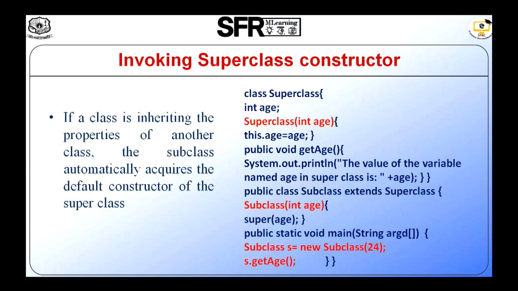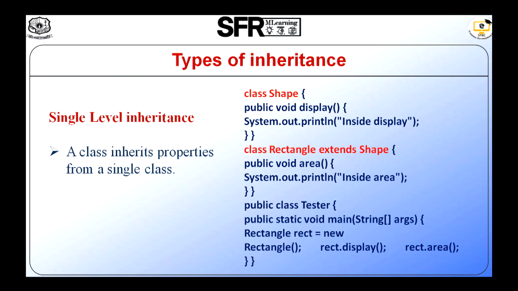So here we have the superclass constructor, and for the subclass also we have a subclass constructor. When we create an object for the subclass, it will automatically call the default constructor of the superclass also.